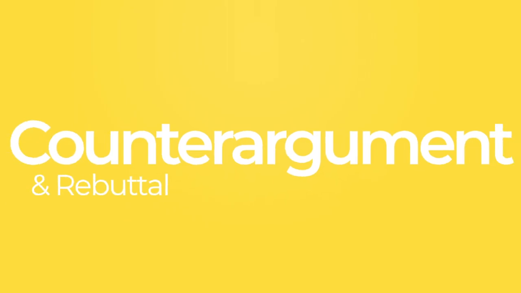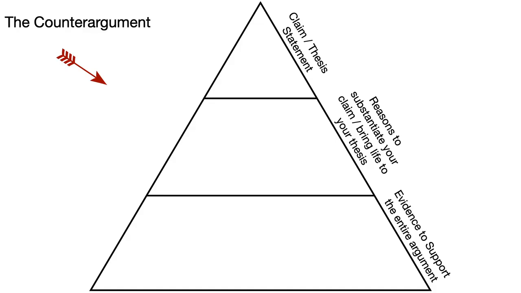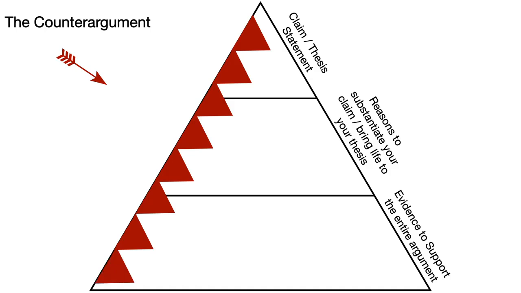Let's discuss the last piece of an effective argument, which would be the counter argument and the corresponding rebuttal. The counter argument represents a line of reasoning to go against your claim or thesis statement. It seeks to undermine the argument that you've been building throughout this entire process, from your reasoning to that evidence that you've provided as well.